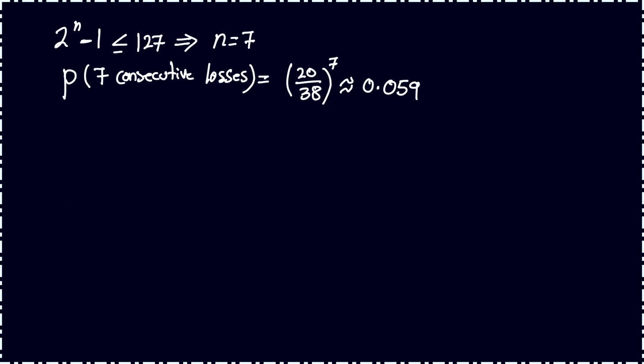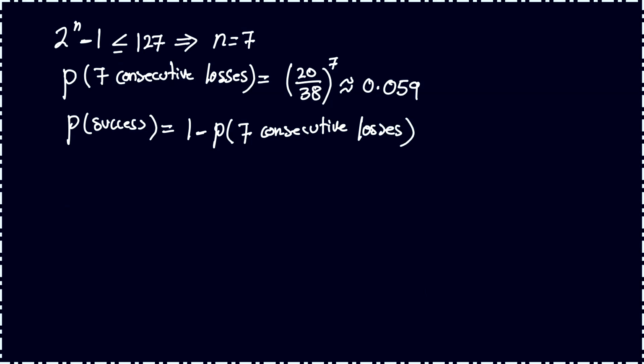Okay, which means that the probability of success is 1 minus the probability of 7 consecutive losses, and that's 1 minus 0.059, which is around 0.941.